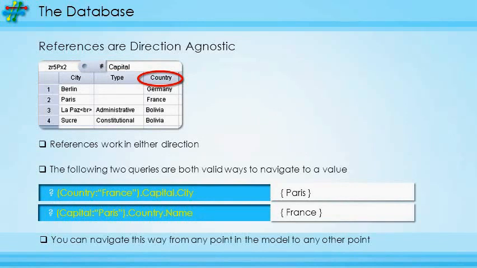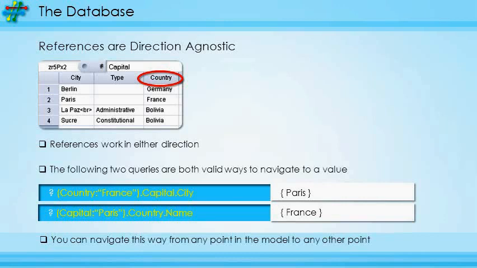And another interesting aspect of this is that you also have the references that are directionally agnostic, meaning that when you have a country and you put in a reference to the capital, it is then considered on its own and will have a reference back to the country. So a way to explain this is down below in these queries, where you have country is France, and then dot capital dot city, that would give you Paris.